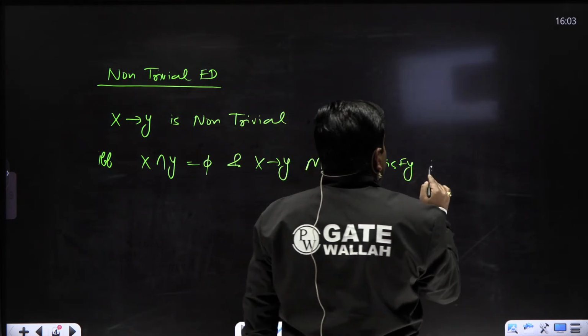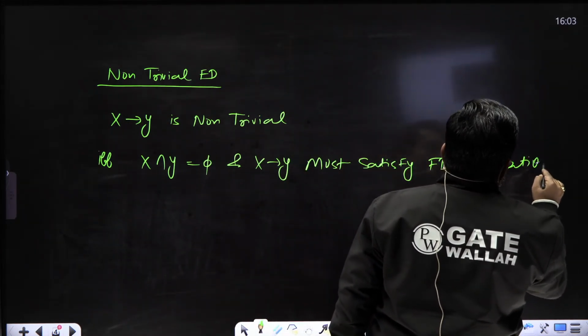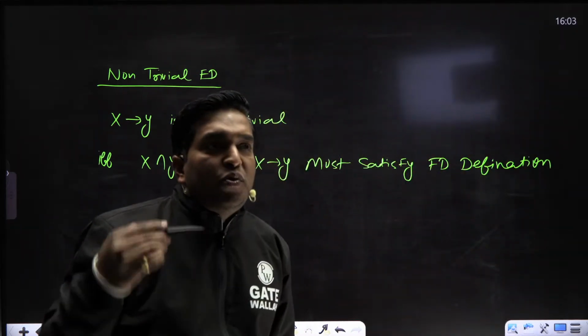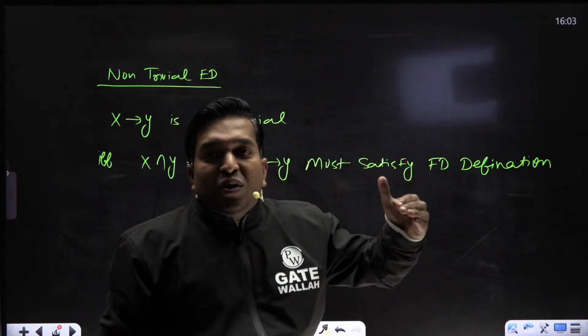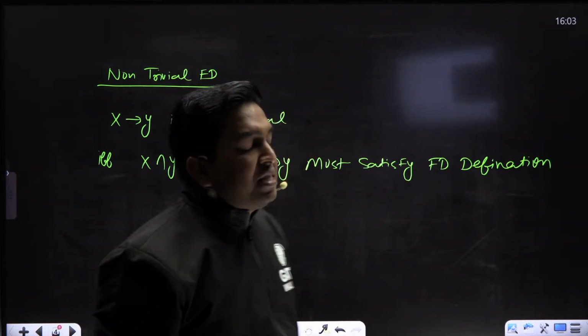What is the meaning of FD definition? Whenever X value repeats, the corresponding Y value must be the same. You can say if T1.X equals T2.X, then T1.Y equals T2.Y must be the same, my dear student.